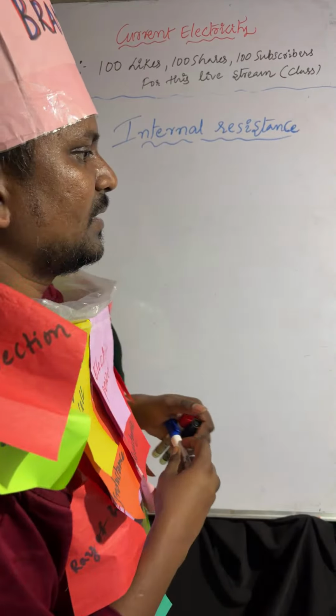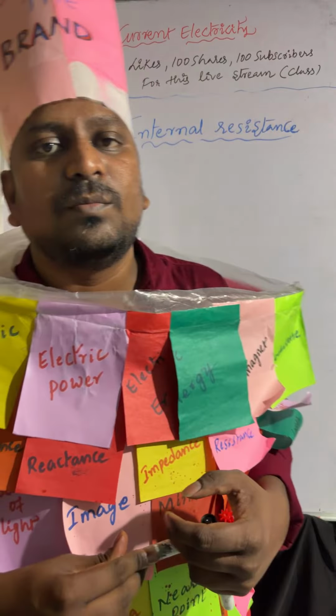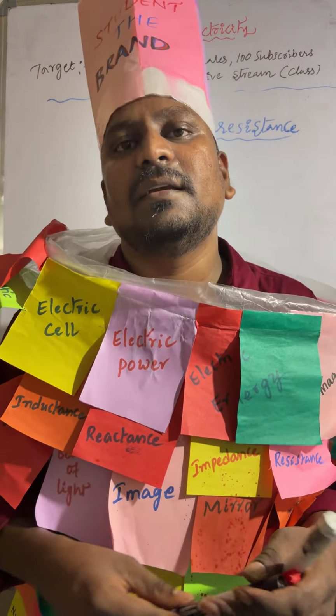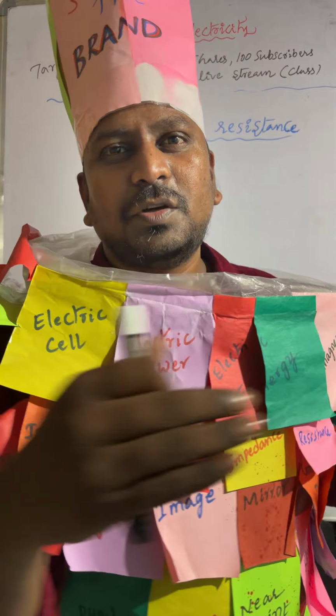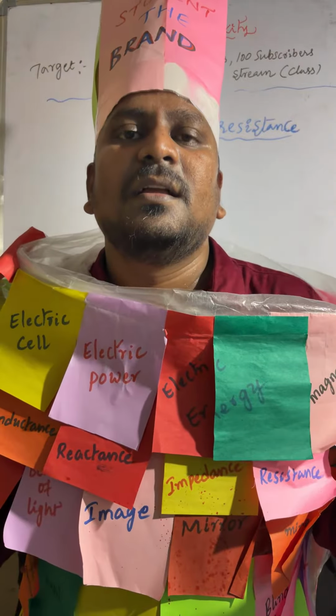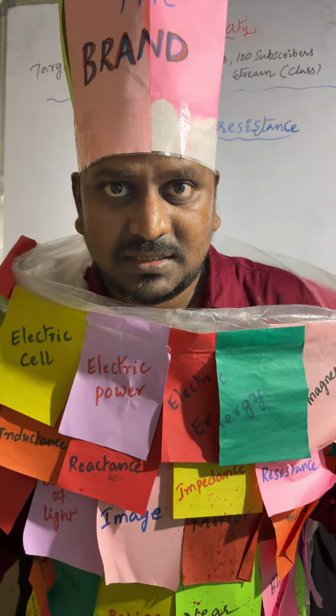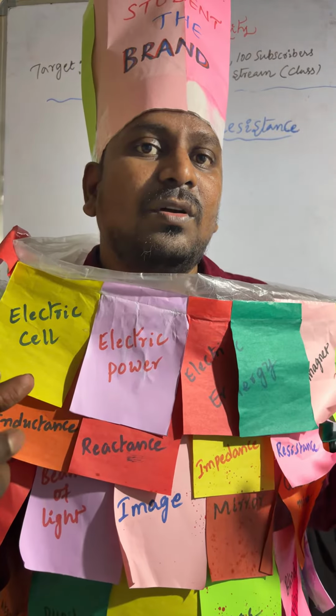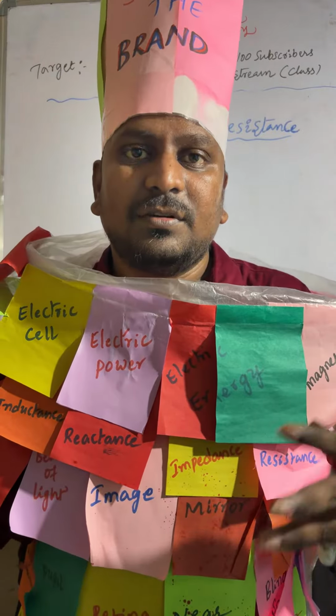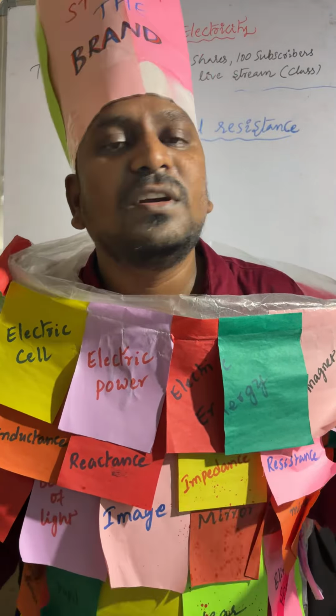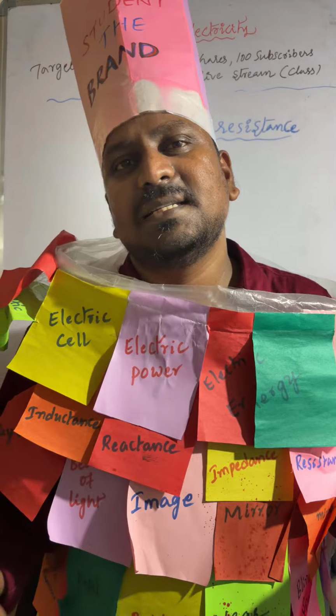Internal resistance. When electrons are moving through the electrolyte, through the cell, they experience some resistance. If opposition is there for electrons, automatically voltage drop is there, current will decrease.